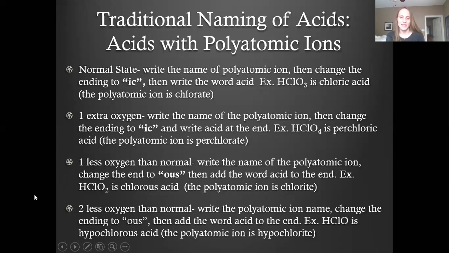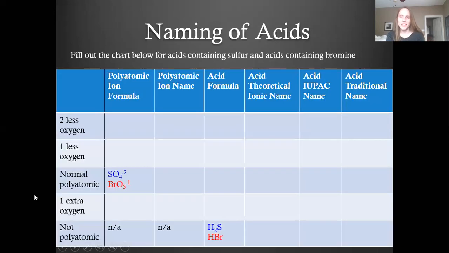So chlorous acid. And if I am down 2 oxygens from my normal state, it becomes hypochlorous acid. Okay, so try and fill out this chart, and I'll also fill out part of it to kind of show you what this is going to look like.